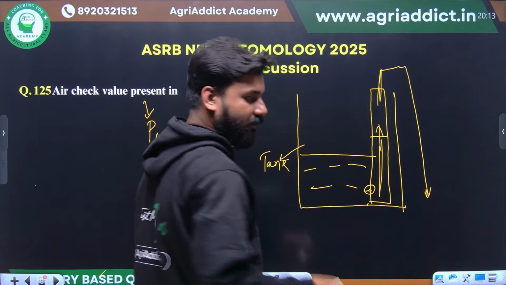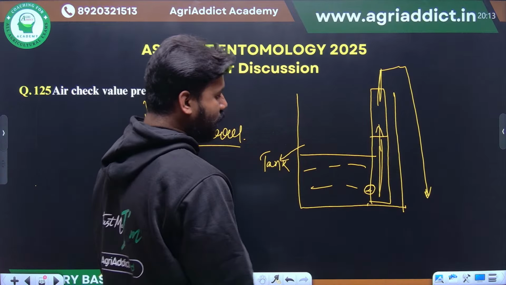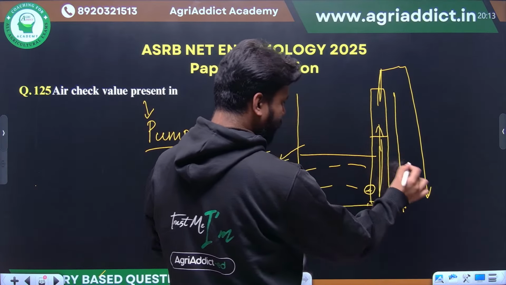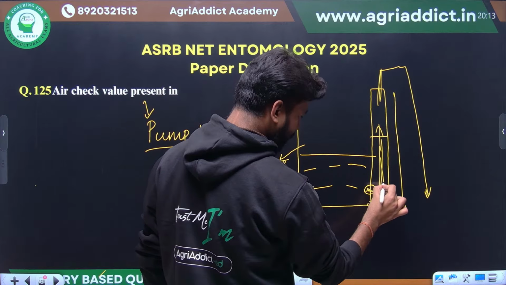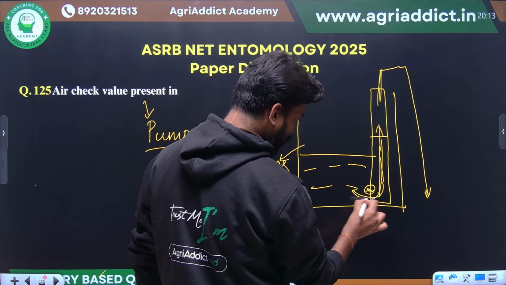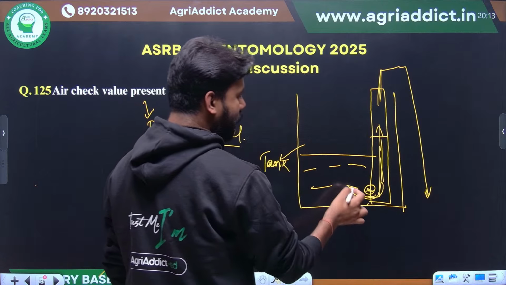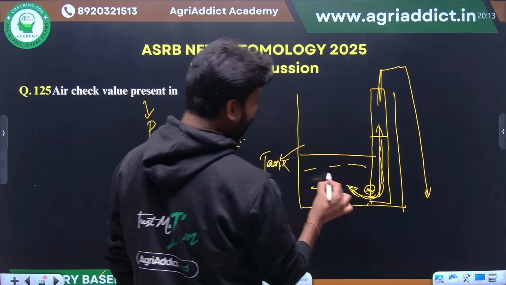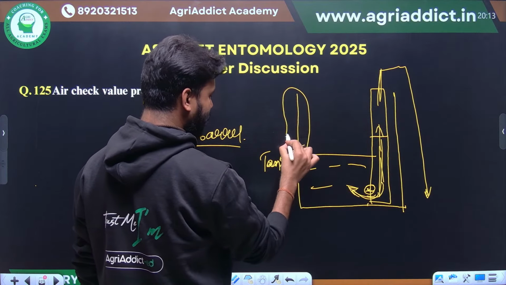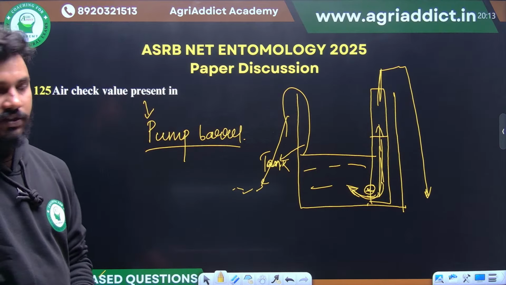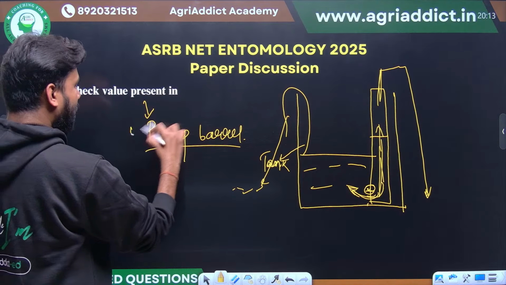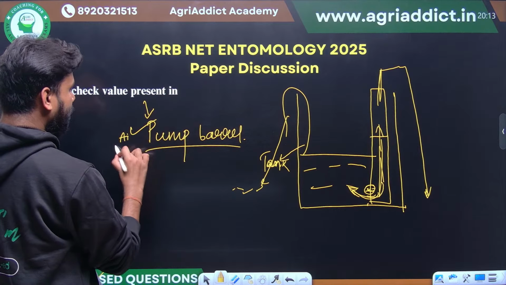Whenever you give pressure like this, pressure will generate here, and that valve will open here, and the pressure will go here. After that, the spray fluid will come through this and spray lance, and it will be sprayed. So this is the concept. The correct answer will be pump barrel, air pump barrel.